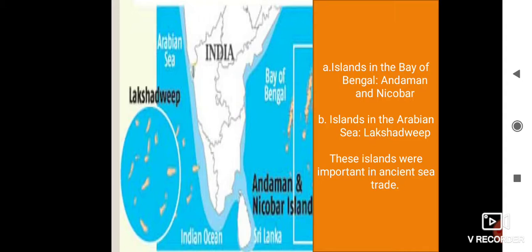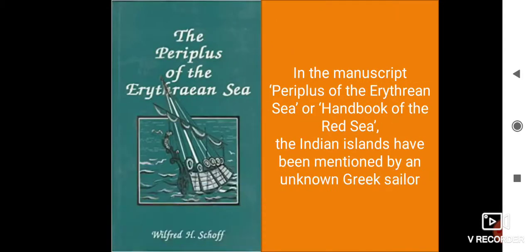Islands in the Bay of Bengal, the Andaman and Nicobar. Island in the Arabian Sea, Lakshadweep. These islands were important in the ancient sea trade. The Periplus of the Erythraean Sea, or the Handbook of the Red Sea. In these manuscripts, the Indian islands have been mentioned by an unknown Greek sailor.